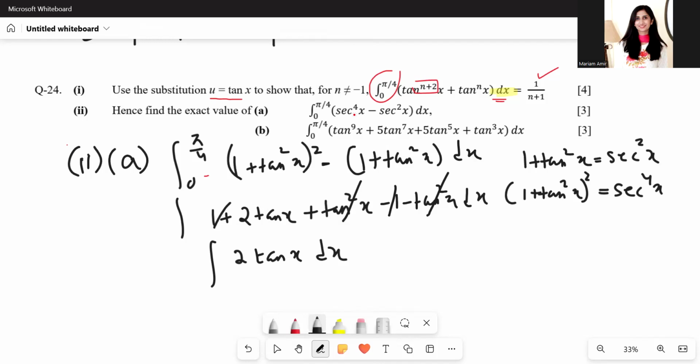There seems to be a mistake. Yeah, big blunder. This was supposed to be tan power 4 x. So that does not cancel. Now the ones do cancel, 1 and minus 1. So we have tan power 4 x plus tan square x, minus tan square x.